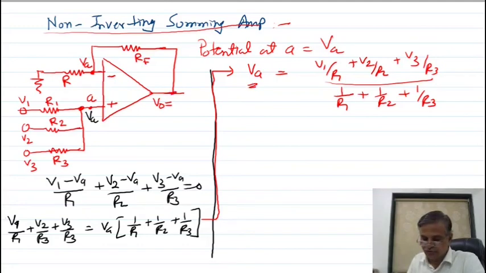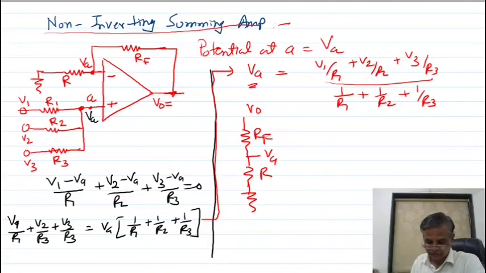See, this is your VO. So I can say this is your VO point, this is your RF, this is your VA, and this is your R, this is your ground. This ground I am showing here, this resistor is R, this is the potential VA, this is your RF, I am showing VO.